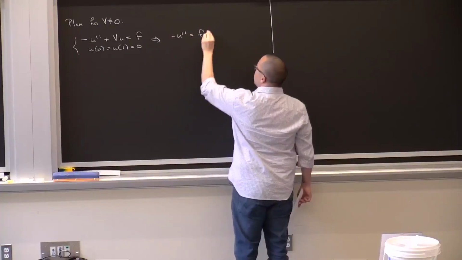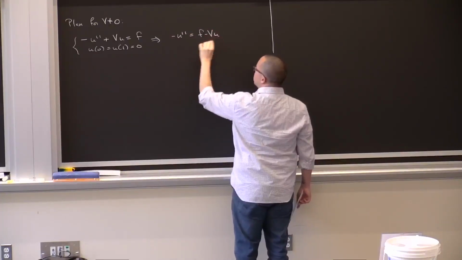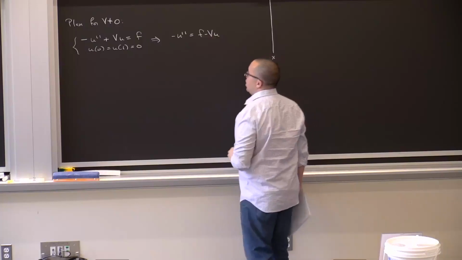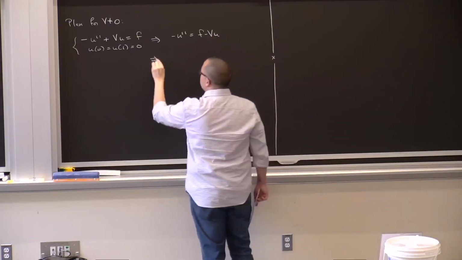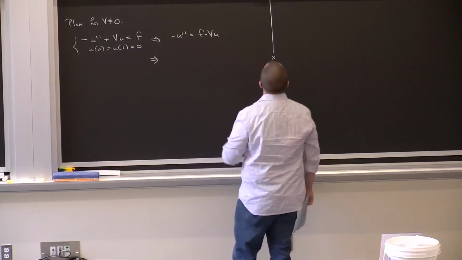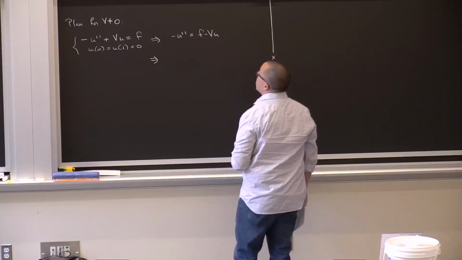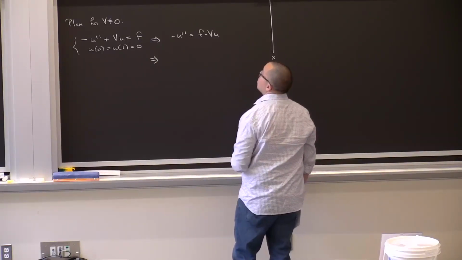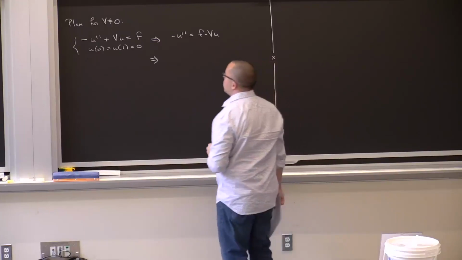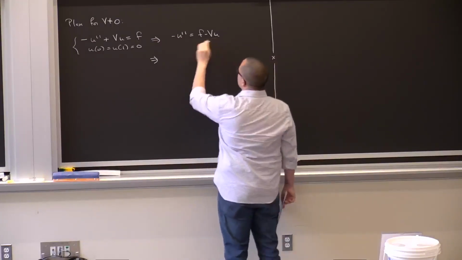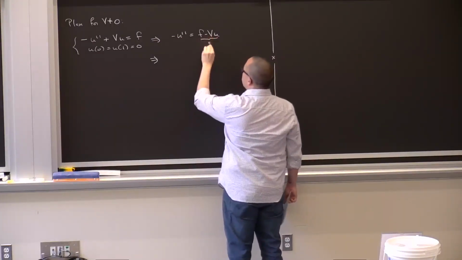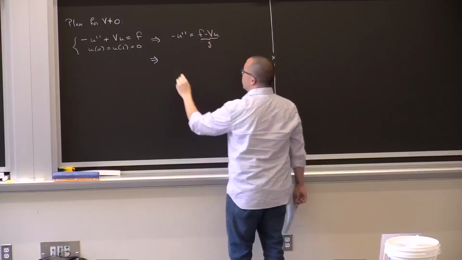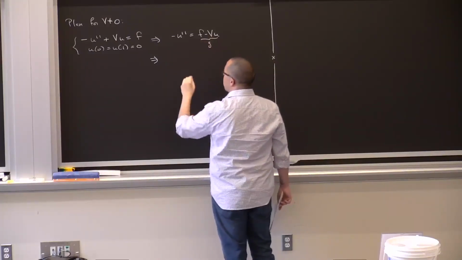Now think of this as just a fixed function g. And therefore by this existence and uniqueness result that we have for the v equals 0 case, so now I have minus u double prime equals g.